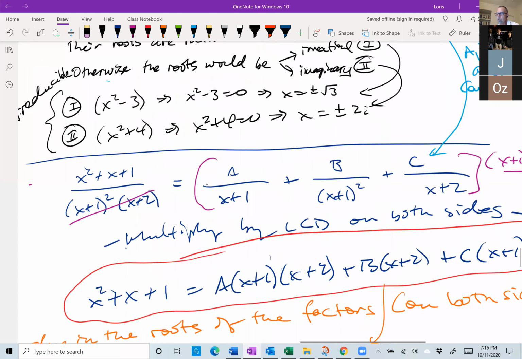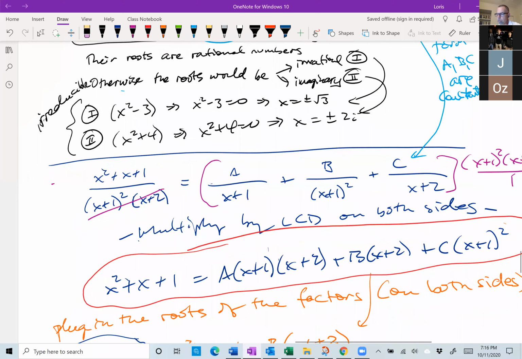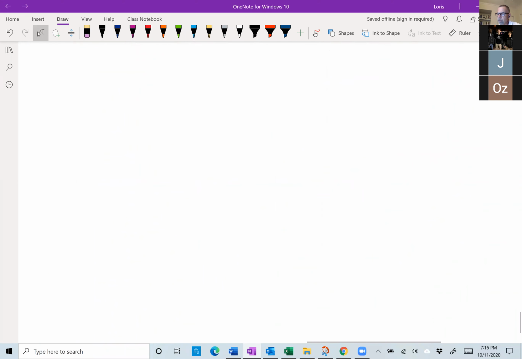Okay, so what if we had these two factors? Let me just pick one of them. An option might be the integral of 1 over x plus 2 times x squared plus 9, let's say, dx. And you have to split this up using partial fraction decomposition. I don't know any other way to do this.